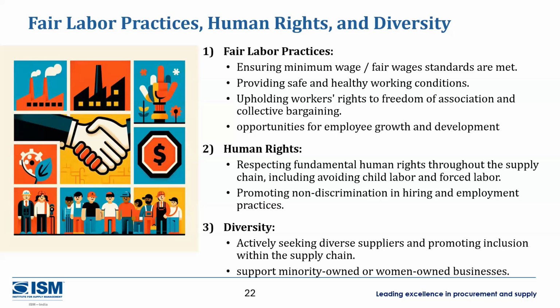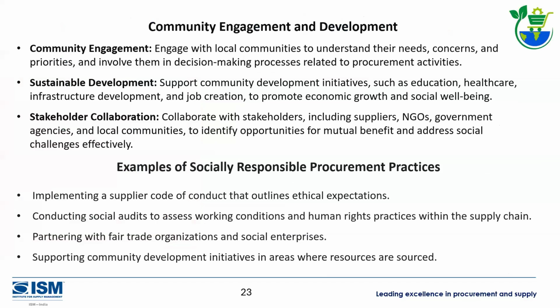Many of you have heard of Body Shop. They partner with the Fair Trade Organization, FTO, to source some of the ingredients. They support local enterprise and empower disadvantaged communities. These are examples I'm giving while going through the PPT, which will help you understand.